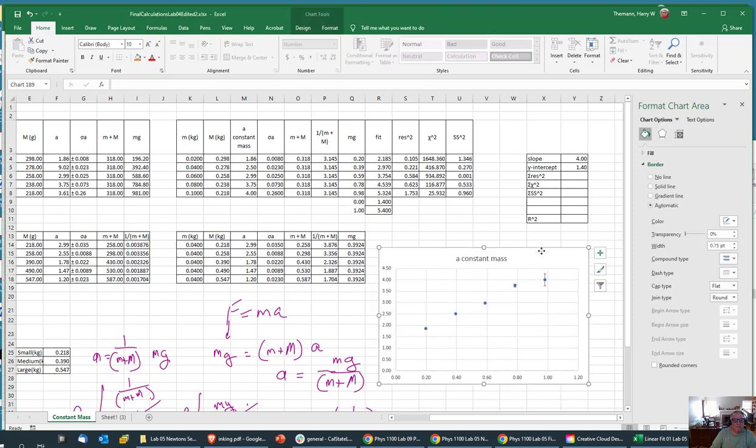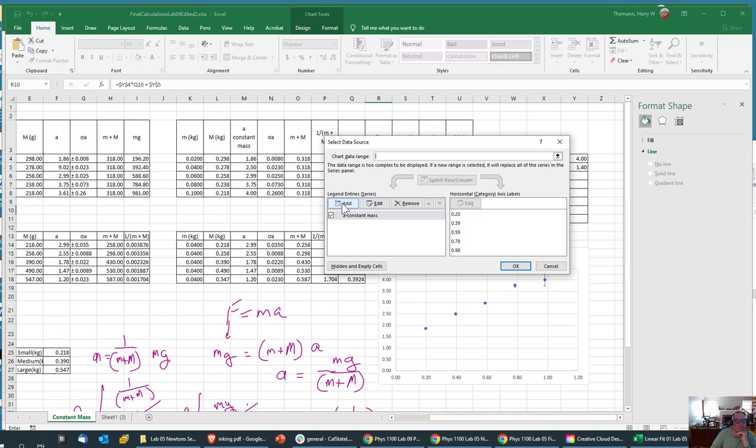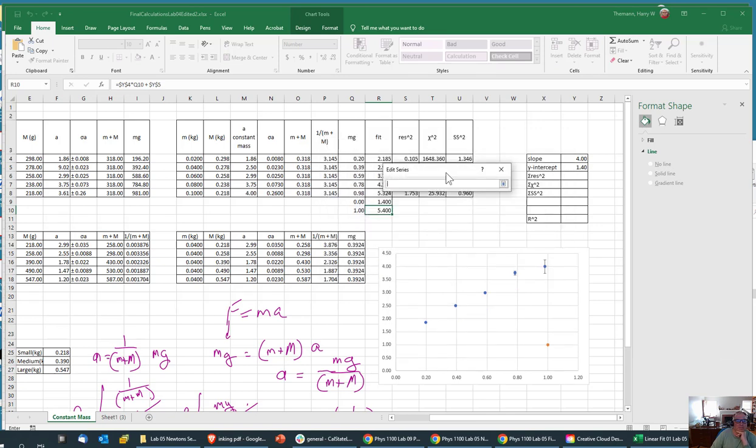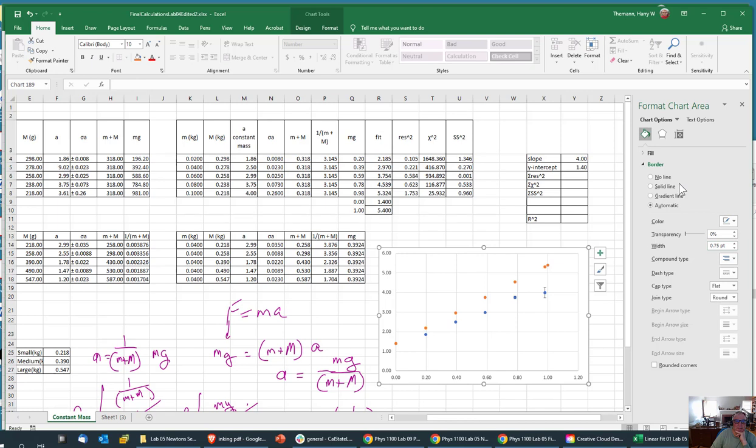So now I select data, and I add the fit line. And I have my x values, the forces, mg's, and of course the y values are the fit line, the fit values. And we say OK.